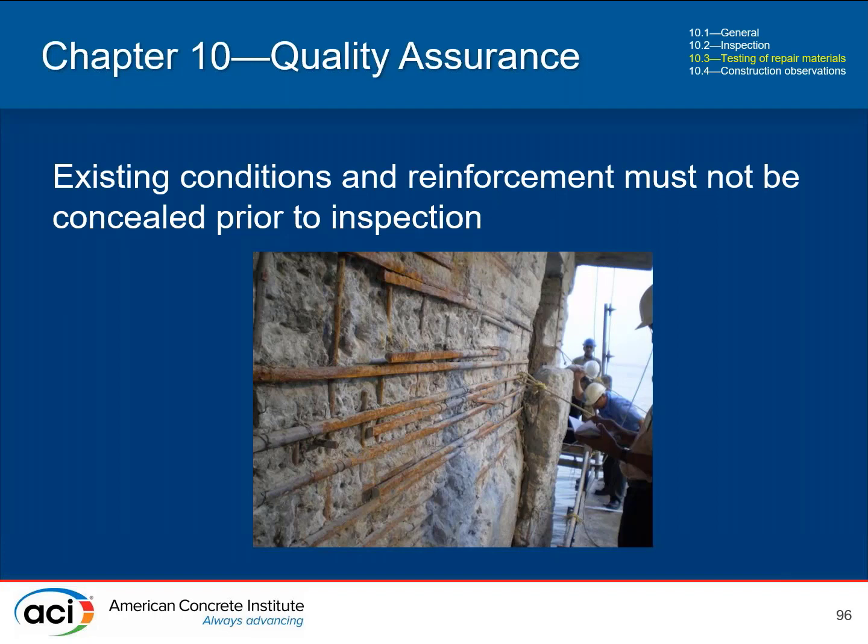Again, basic stuff, but the licensed design professional needs to communicate that the existing conditions not be concealed prior to inspection. That opportunity needs to be given just as part of the quality program.